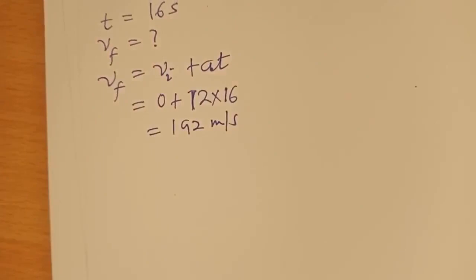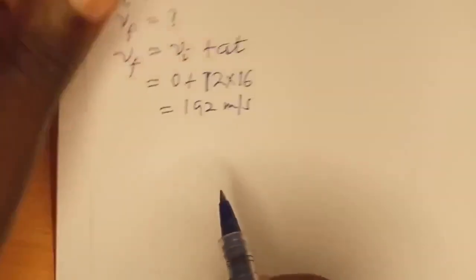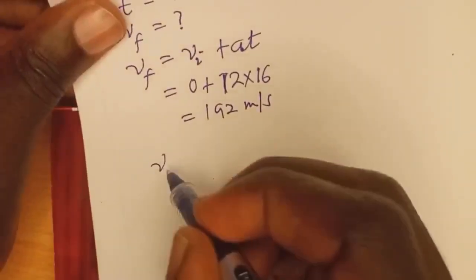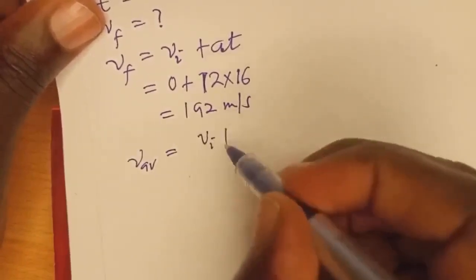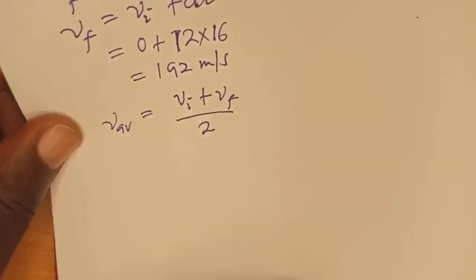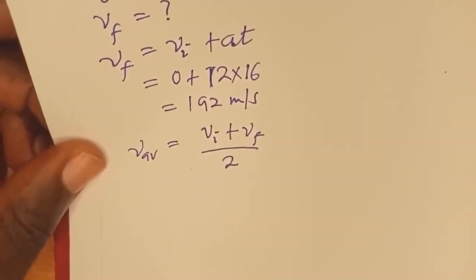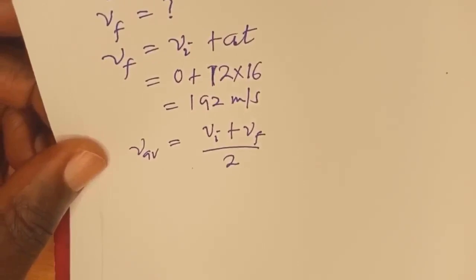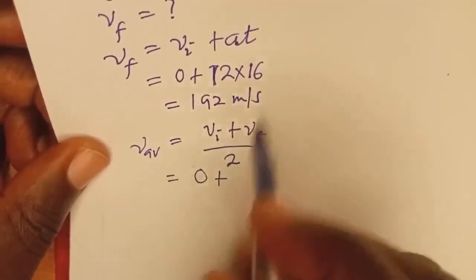The second one is, what if I now want to find the average velocity? My average velocity is velocity initial plus velocity final divided by 2. Don't forget that it started from rest, so its velocity initial was 0. So I have 0 plus the velocity final.